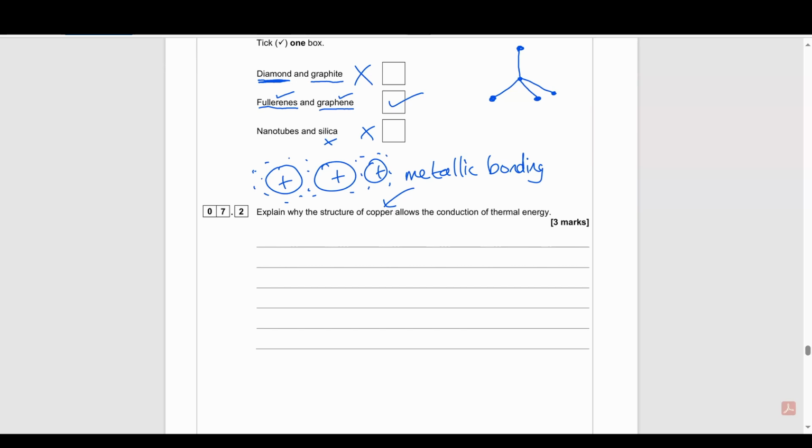Now we're talking about conduction of thermal energy. Conduction, movement. So similar to our question with electrolysis and how sodium chloride can conduct electricity when it's liquid or in a solution, it's because something is able to move. In the case of metallic bonding, what is able to move is the delocalized electrons.